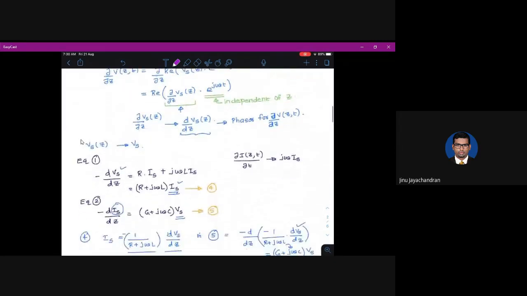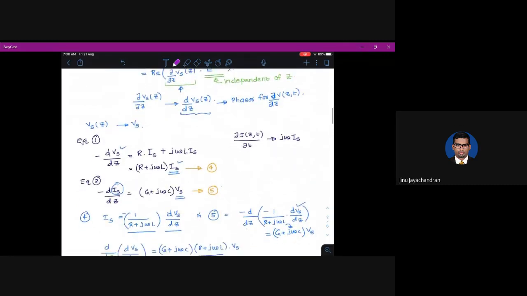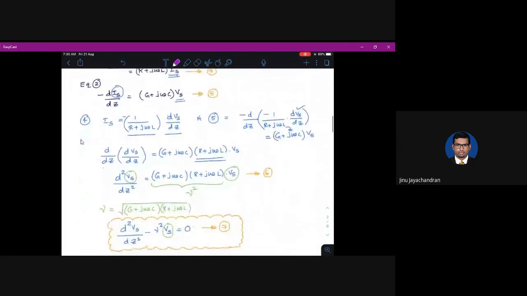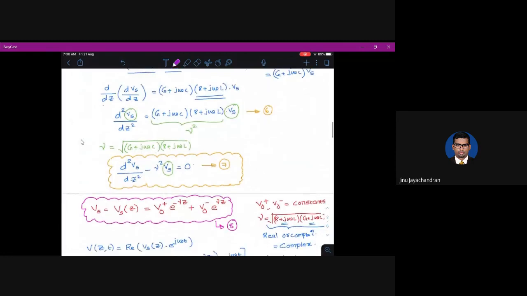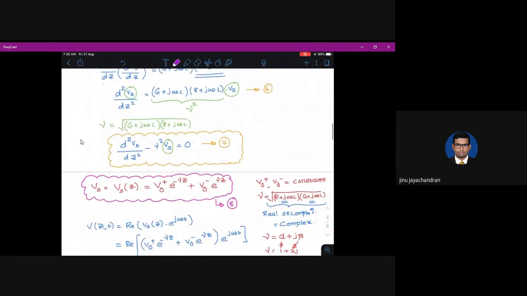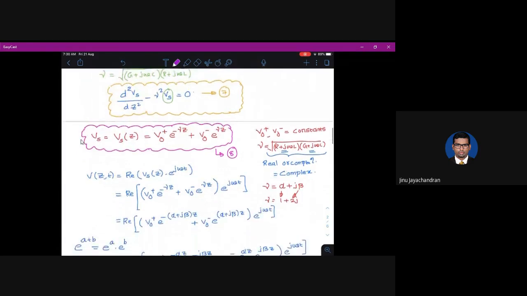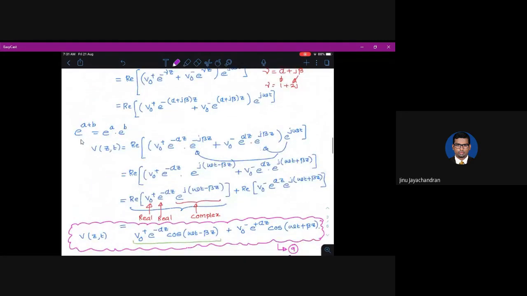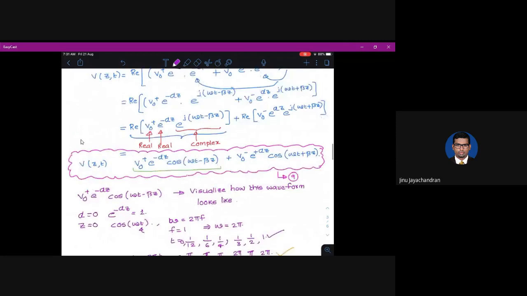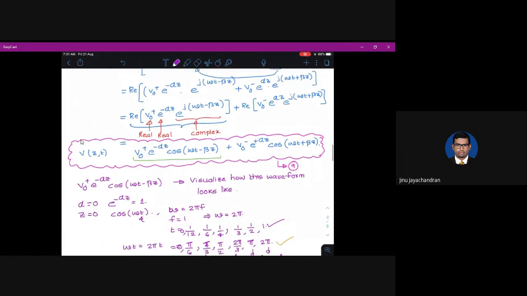We found the equation of the wave in the phasor form, and then we solved the equation and found that it looks like V0 plus e raised to minus gamma z plus V0 minus e raised to plus gamma z. And then we found that the solution is basically two sinusoidal or cosine waves with a multiplication factor of e raised to minus alpha z in one wave and e raised to plus alpha z in another wave.